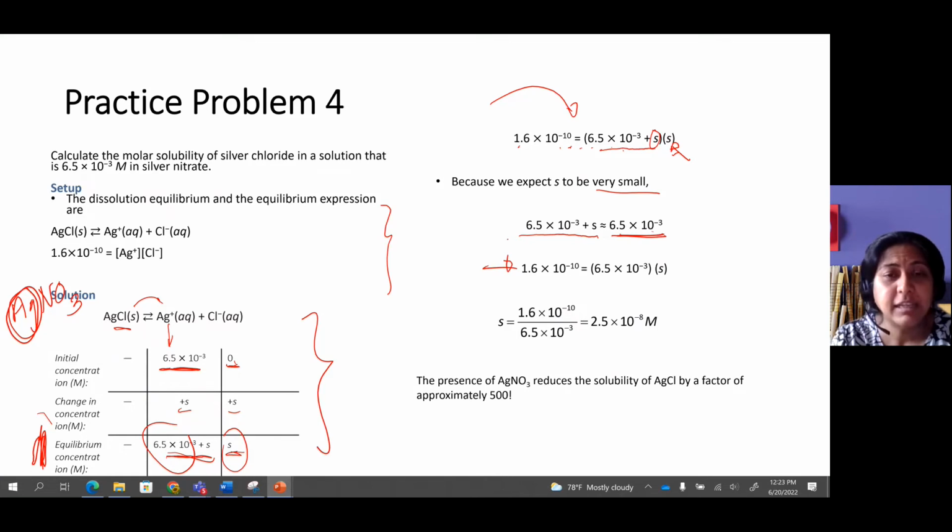Now we get a simpler mathematical equation, which is easier to solve. It is multiplied by only S, and we calculate the S value. That is 2.5 times 10 to the negative 8. The presence of silver nitrate reduces the solubility of the silver chloride by a factor of 500.